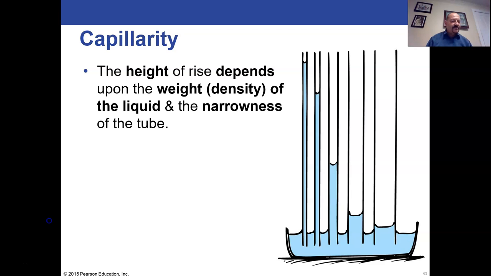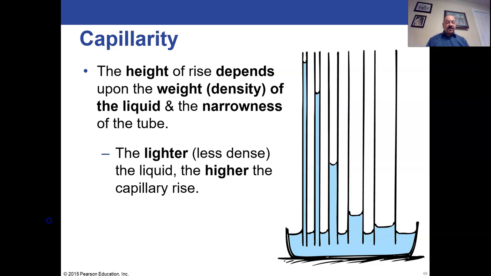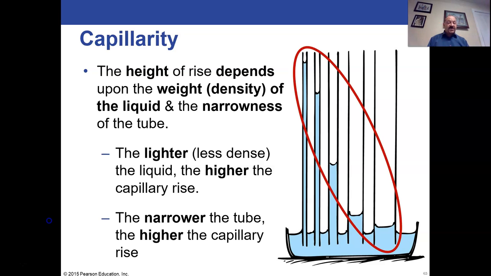So if you had a denser liquid than water, you'll get less rise up because it's heavier weight that you're fighting against to rise up these tubes. And narrower tubes just mean more surface area for the liquid to grab onto and rise up. So you have more adhesion along the sides, pulling it up against the force of gravity. So the less dense the liquid, the higher the rise. The narrower the tube, the higher the rise.